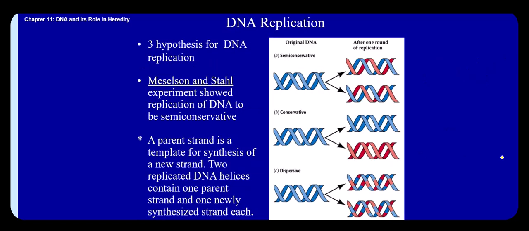So our first process is DNA replication. We have some hypotheses on how we do that, and what most researchers agree on is we do it in a semi-conservative manner.